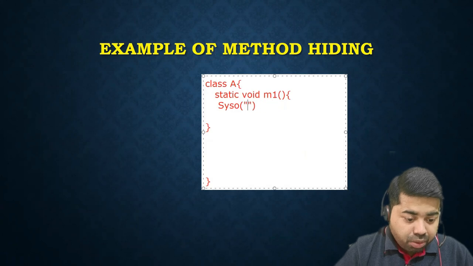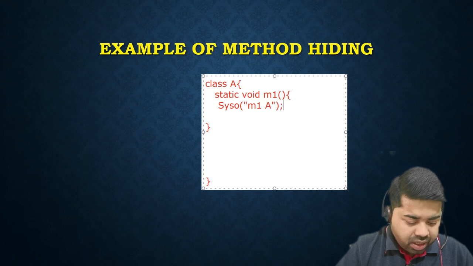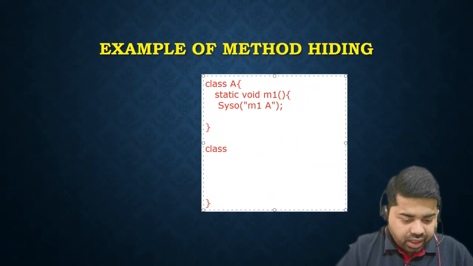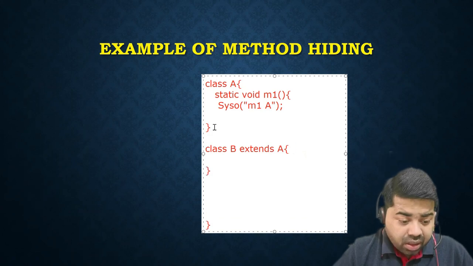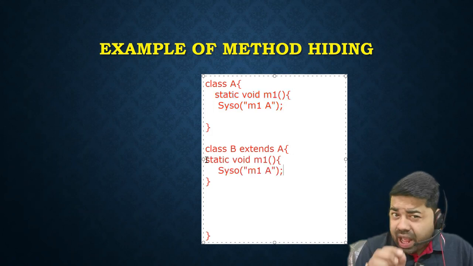You must create two classes, right? So class B extends class A, and we create the same method with the same signature, but here we have a B implementation. Understood, right? So how to access this method?